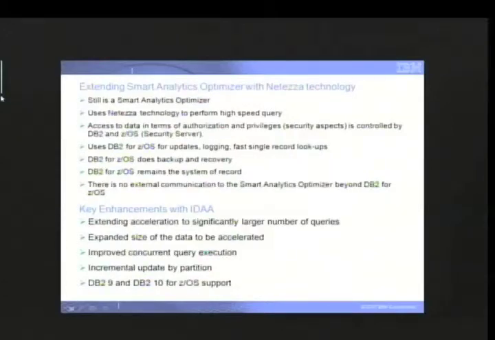We just had a big conference on the West Coast last week called Information on Demand. 11,000 people were there, and this was of great interest. 2 customers presented the results. One got 90x performance improvement compared to running the query on Z. One, running one query at a time, had queries getting 1,900x improvement.